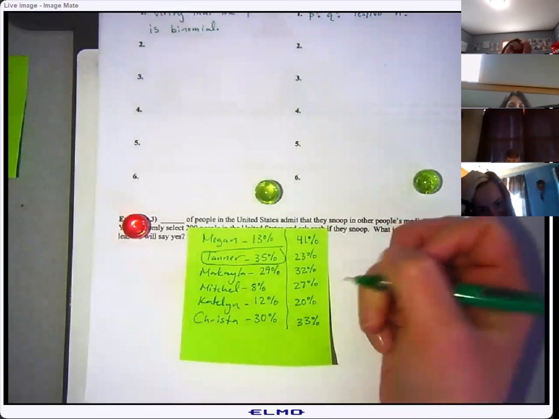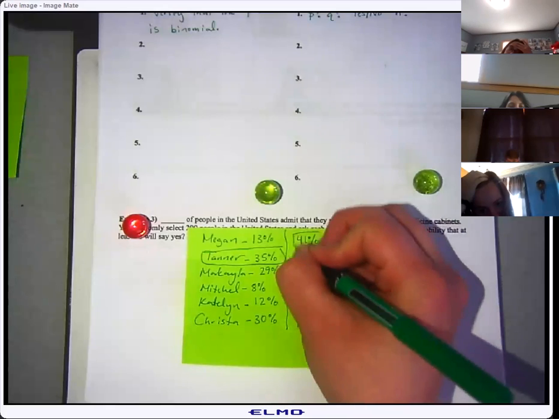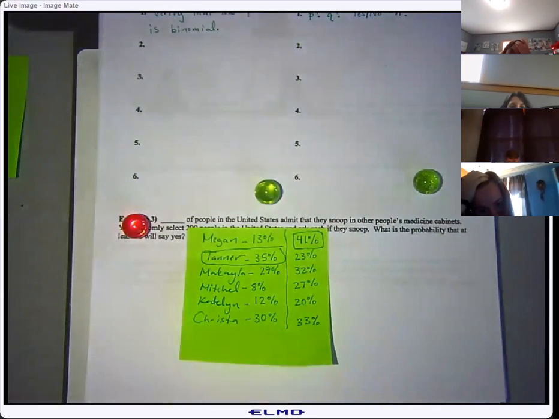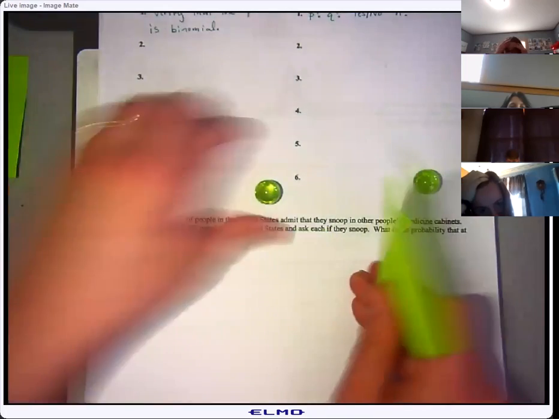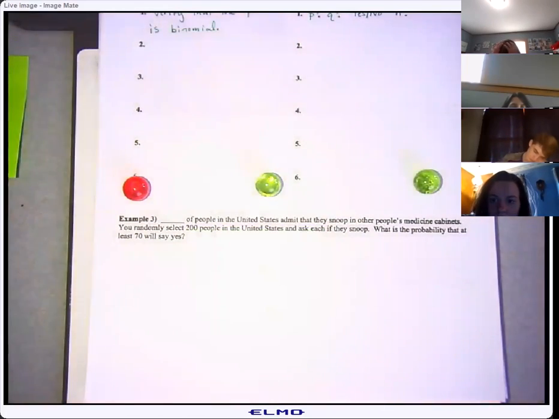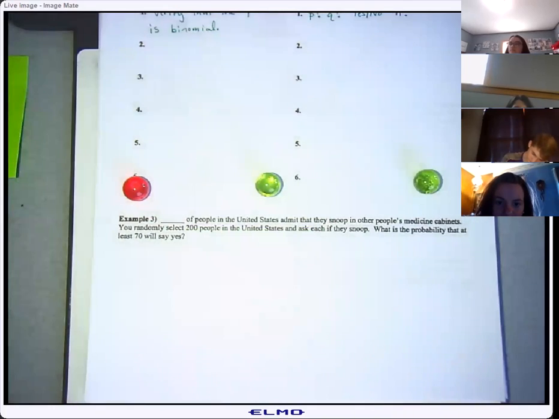41%. And according to Google, 40% of Americans think it is okay to snoop through somebody else's medicine cabinet. That's rude. That people would admit it. 40% of house guests admit to snooping in a medicine cabinet, according to a survey.